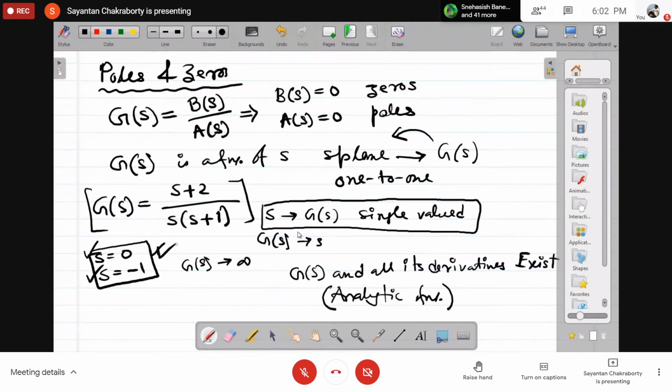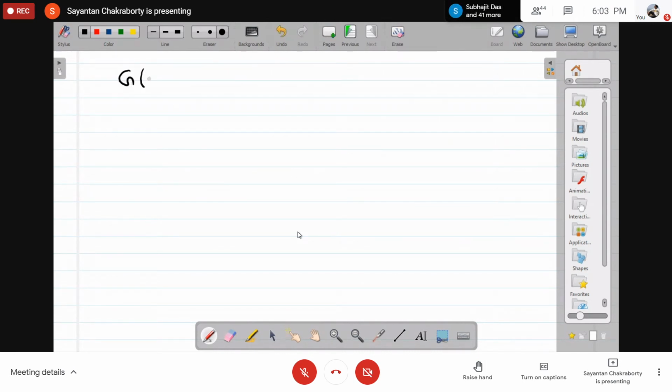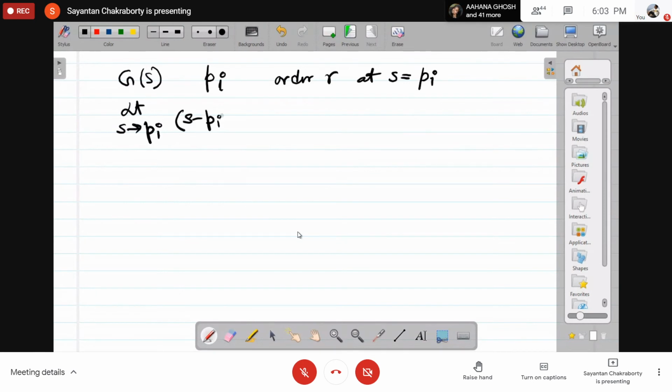At poles, the system gain tends to become infinite. So it's called a singularity of the system. And there may be different types of poles. How? If a function G(s) is analytic and single valued in a neighborhood of a point, say p_i, then it is said to have a pole of order r at s equal to p_i if the limit as s tends to p_i of (s - p_i)^r G(s) is finite and non-zero.